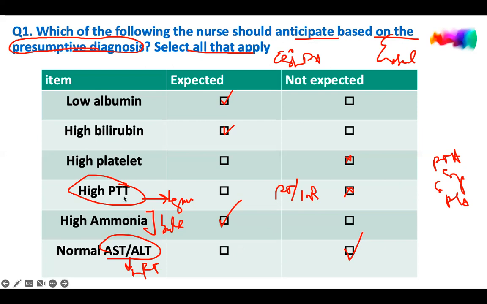You don't get any PTT change. Your platelets are going to be low, your bilirubin is going to be high, your albumin is going to be low. So this is the way they will trap you. So we have low albumin and high bilirubin expected; high platelets is not expected, high PTT is not expected, high ammonia is expected, and normal AST, ALT is not expected.